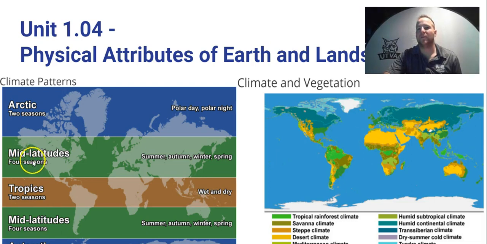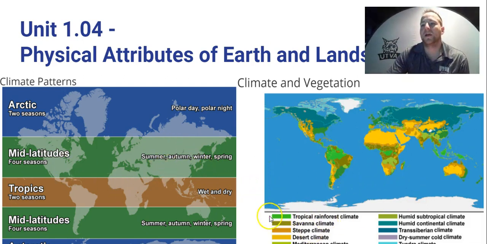As you go farther up, you have what we call the mid-latitudes, and this is where you're going to find all of your seasons: summer, autumn, winter, spring. But as you go farther north or south towards the poles, they only have 2 seasons, which is polar day and polar night. So it's super cold. It's basically like our winter the whole time.